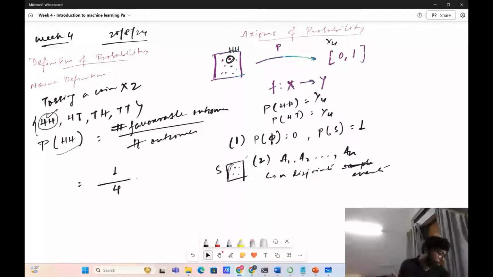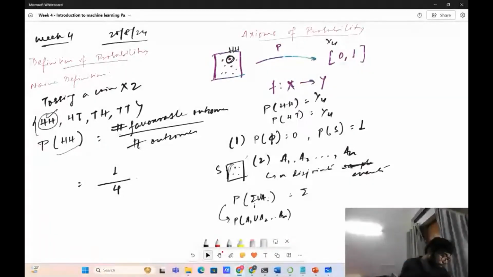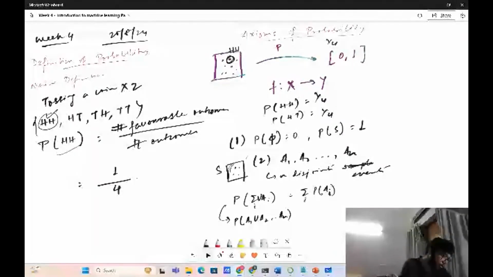So if you have n disjoint events, the probability of the union of all the events occurring is the summation of the probabilities of the individual events, right? So P of A1 plus P of A2 plus till P of An.